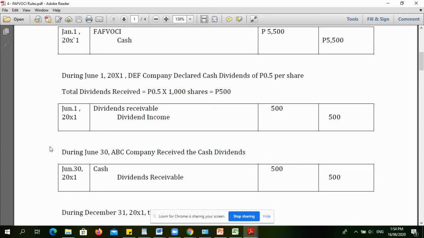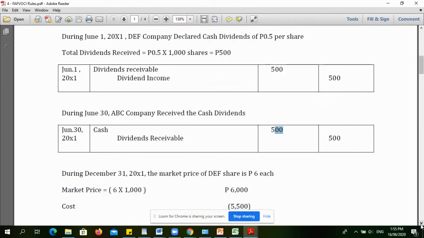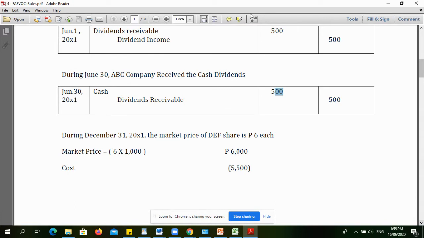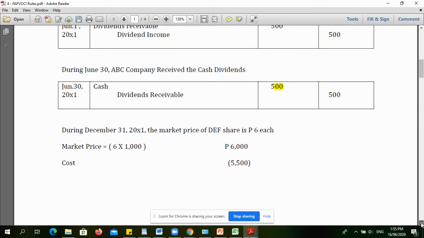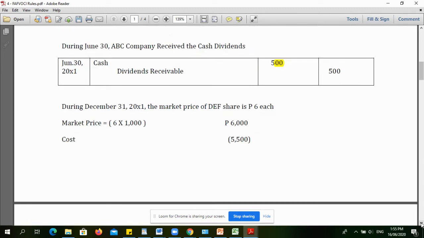And on June 30, ABC Company received the cash dividends. Dito, we debit cash. Kasi yung 500 pesos, na-receive na natin siya. And we credit dividends receivable. Okay. Kung napapansin nyo, the same pa rin yung facts sa FAFVPL.